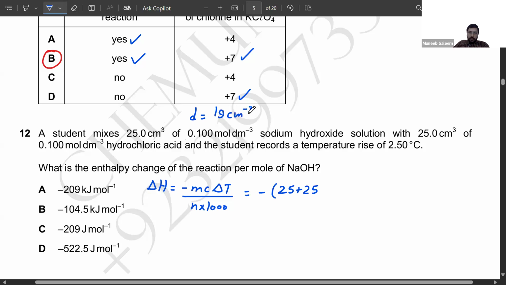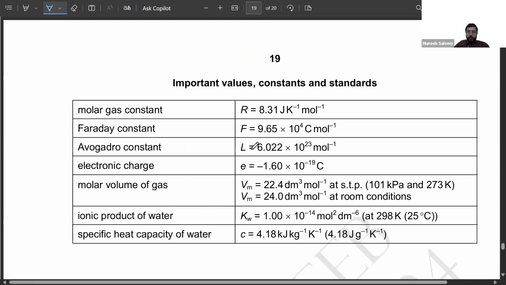So that's why we take the volume as the mass. Then C is the specific heat capacity, which you can find from the data section. The data section indicates the C value is 4.18. I can show you on the screen. This is the data section which you are provided. So the C value is given as 4.18.